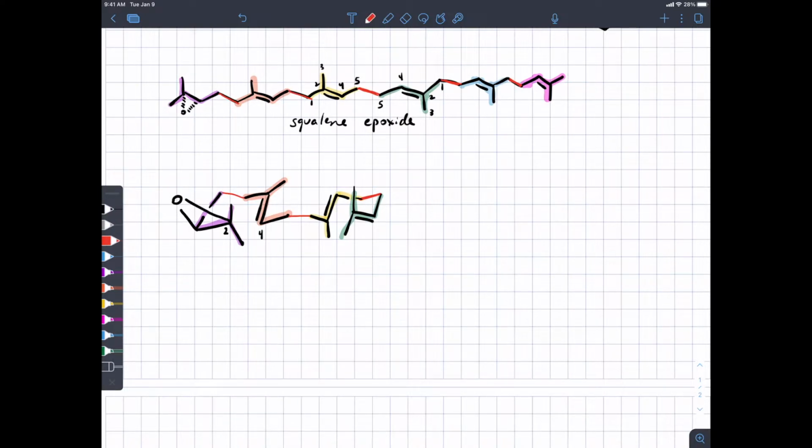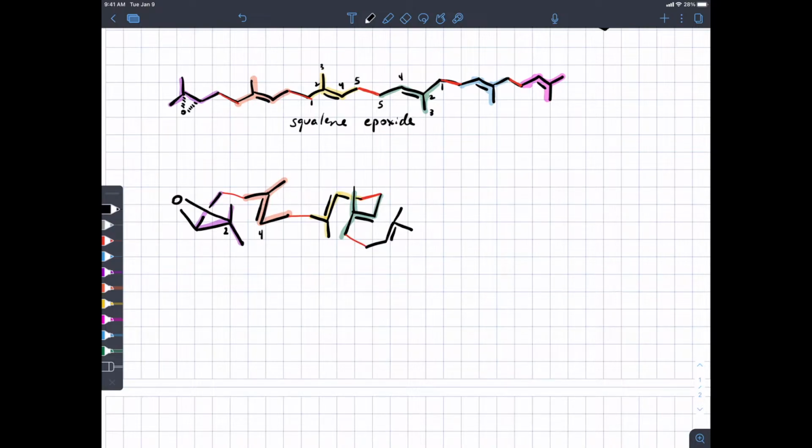And then another bond between isoprene units. What we're going to draw now is the blue one, 5, 4, 3, 2, 1. Sorry, that's kind of ugly. Let me try again. 5, 4, 3, 2, 1.